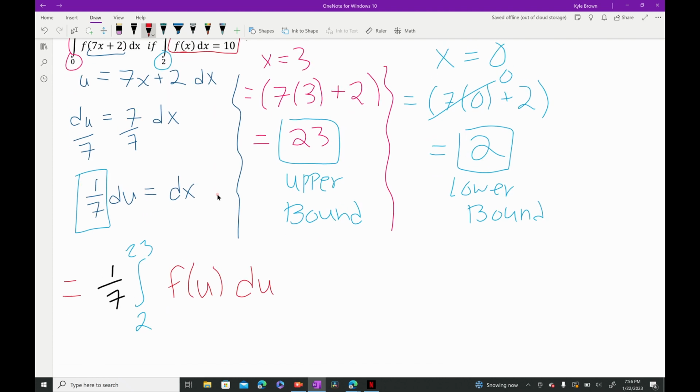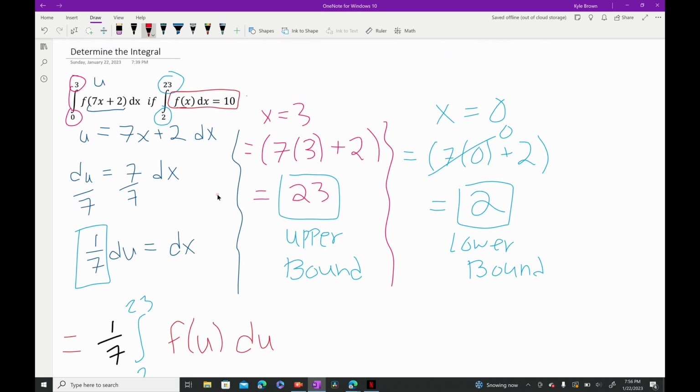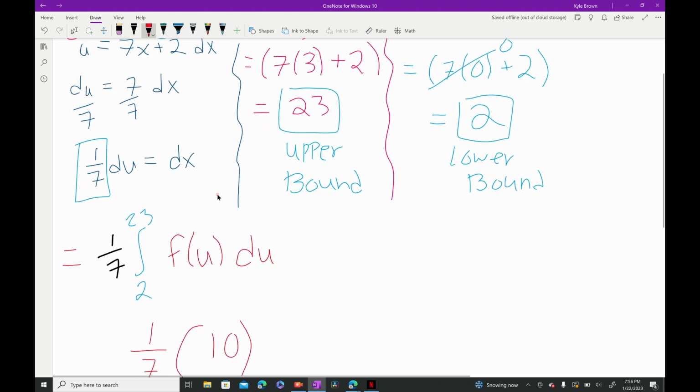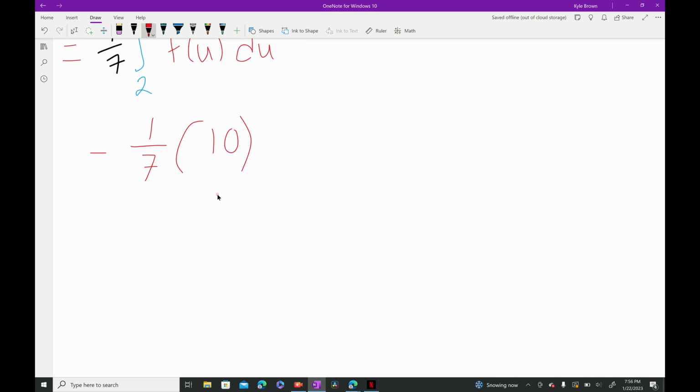So the value 10 that we have up here is really just this 1 over 7 times the remainder of what's left from this integral when it's evaluated, which is 10. So our final answer is going to be 10 over 7.